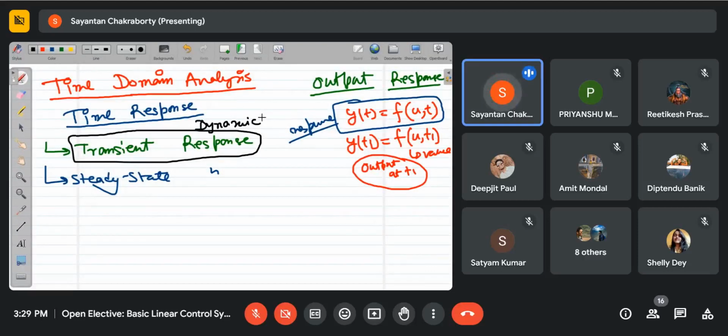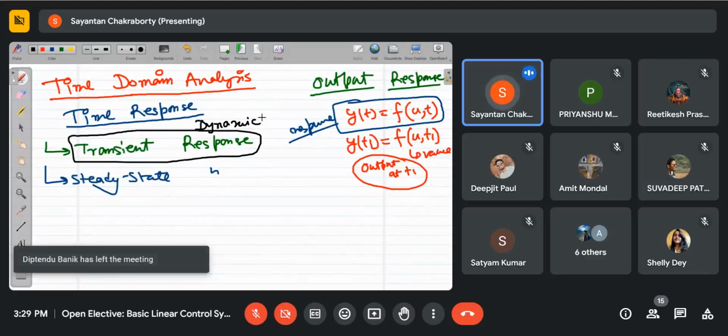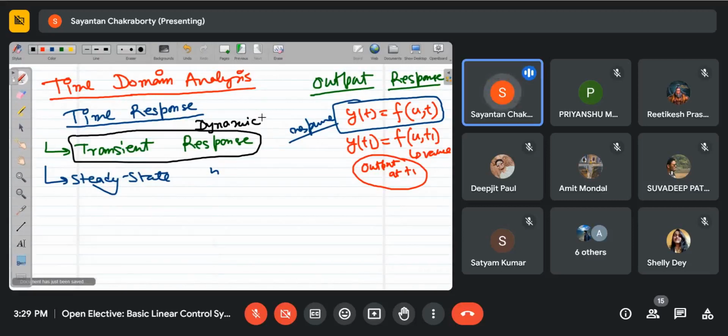So in a sense, both of them are equally important, and you cannot say that this is more important and that is less. It depends. In some situations, the steady state performance is more important than transient performance, where you require the steady state to be reached and there is no scope for error, while you can compromise on the transient response.